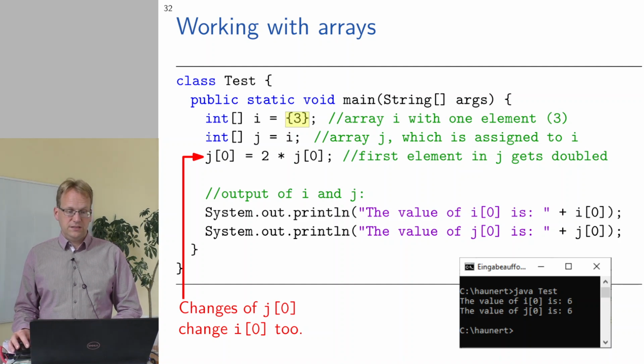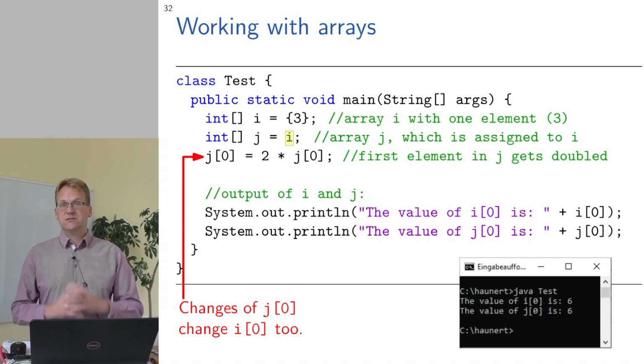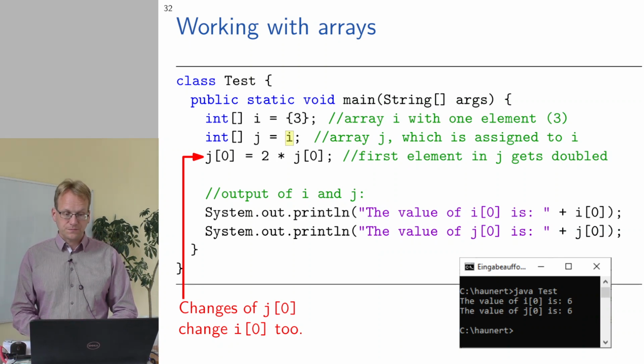Now what we say is, let us introduce a second array, j, and we initialize that array with i. Now it seems we have these two arrays, i and j, both of which contain just one element with value 3. That is the current situation after executing these two lines of code.